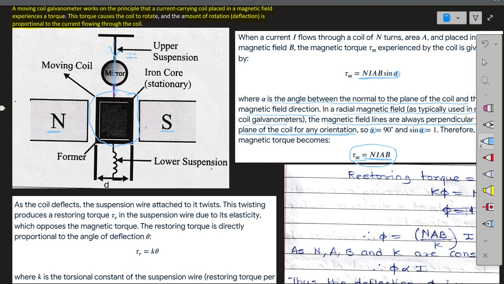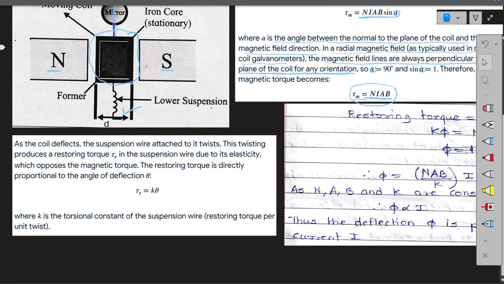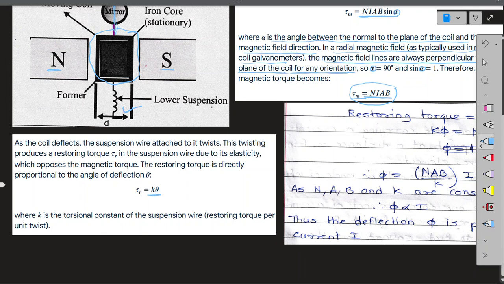मग ह्या रोटेशनमुळे स्प्रिंग गेट ट्विस्ट आणि ह्या स्प्रिंग मध्ये रिस्टोरिंग टॉर्क डेव्हलप होतो, किती, K theta, theta आपण ऑलरेडी यूज केलंय त्यामुळे ऍज पर आवर नोट्स गिवन इन बुक वी से K phi, this much torque develops. So how much, depending upon current, that coil rotates by this torque, the same amount of torque develops in that spring.